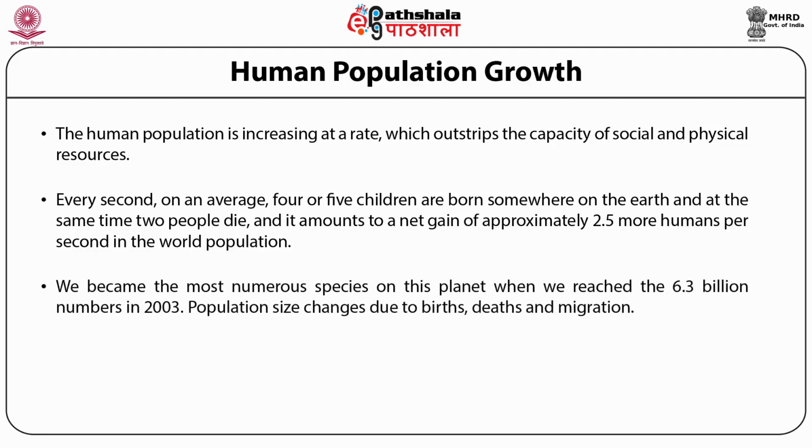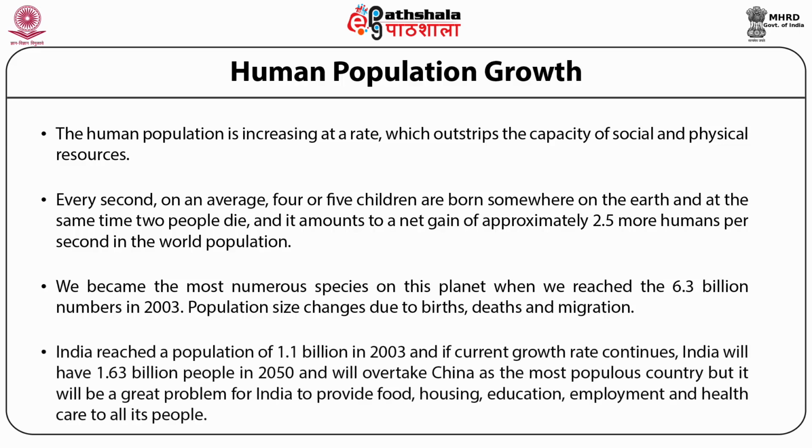We became the most numerous species on this planet when we reached 6.3 billion in 2003. Population size changes due to birth, death and migration. Birth rate and death rate are decreasing worldwide, but death rate has fallen more sharply than birth rate. The exponential growth rate has not disappeared but is occurring at a slower rate.